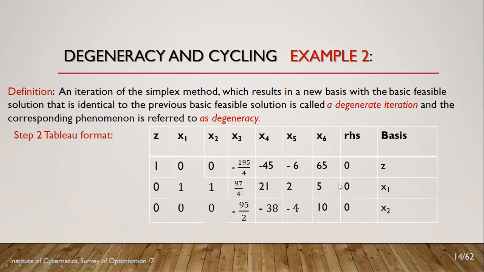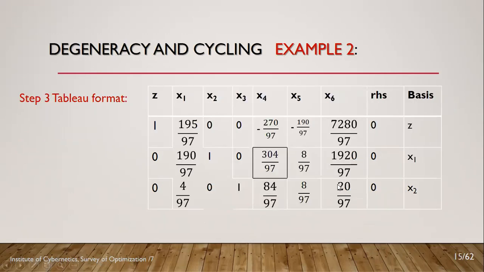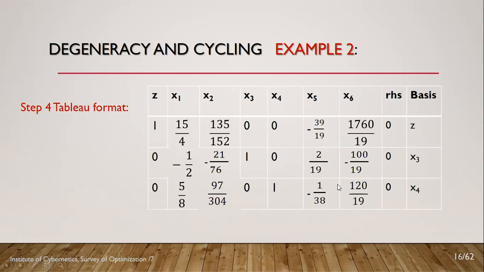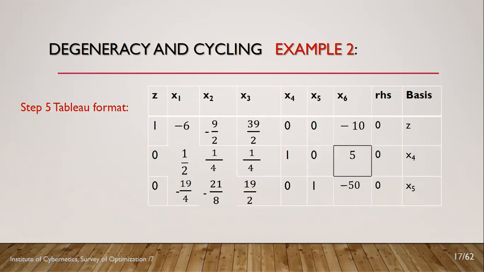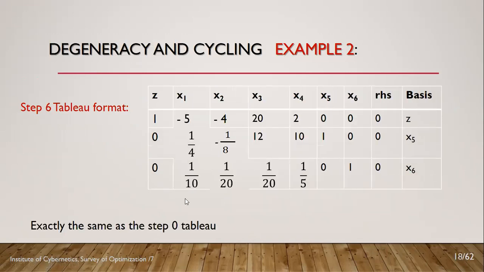Now, let's keep on working, further and further, and finally we come to step 6. We come to the table which is exactly the same as we had at step 0, meaning that if we start all over, we will repeat the same steps from 1 to 6.